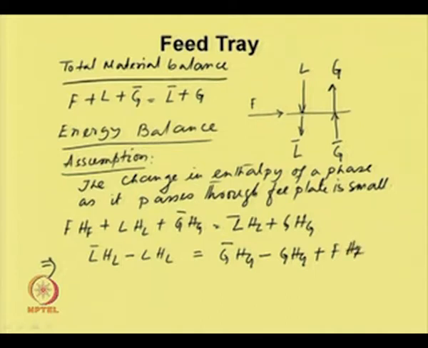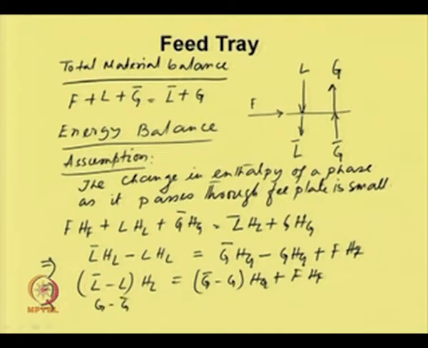So, we can write L bar minus L times HL is equal to G bar minus G times Hg plus F HF, or G minus G bar times Hg would be equal to L minus L bar times HL plus F HF.